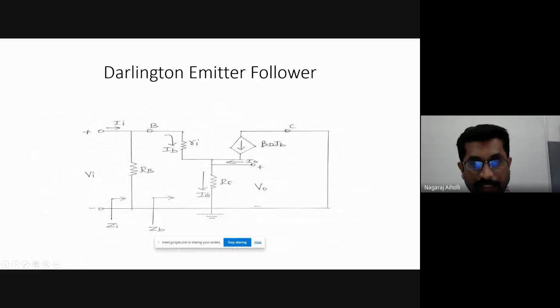And this is emitter current IE, this is collector current IC. So IE is equal to IB plus IC. This is the AC equivalent circuit of the Darlington emitter follower. Let us go back and see the AC equivalent circuit of the basic emitter follower, and how it is the same. Just here it is Ri. Let us see what is there in the basic emitter follower AC equivalent circuit.